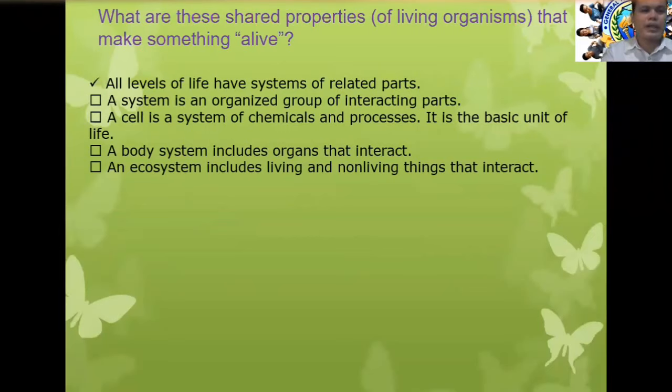Lahat ng living organisms or levels of life forms ay meron po yung systems of related parts. So una, a system is an organized group of interacting parts. A cell is a system of chemical processes. It is the basic unit of life. A body system includes organs that interact.